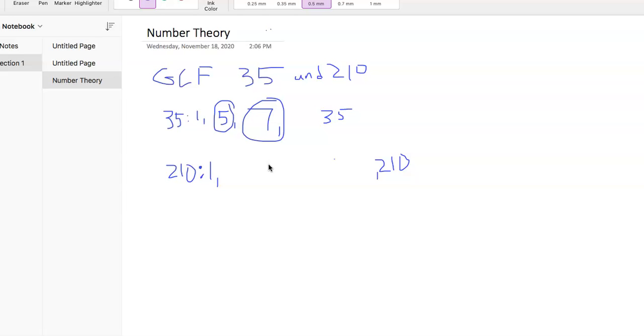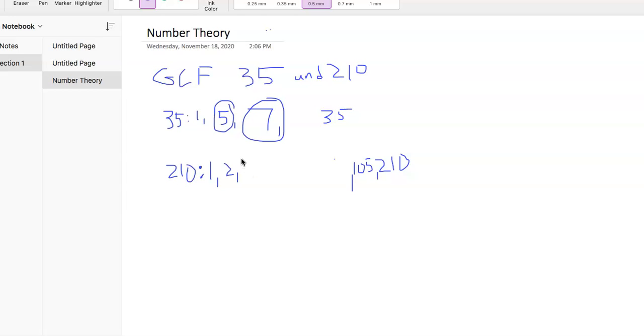As you go through this for 210, this is how I do it anyway: 2 and 105. 105 is half of 210. 2 times 105 equals 210. That didn't really help us, right? And then we could keep going with 210.